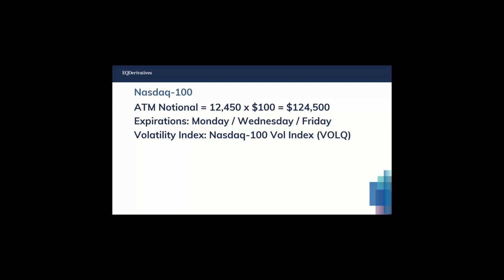So when you compare the two, you're really comparing at-the-money NDX volatility to a wide range of average volatility on VIX. And because of that, VolQ is probably a couple of points lower on average than VXN, which is a VIX version that uses NASDAQ option contracts.